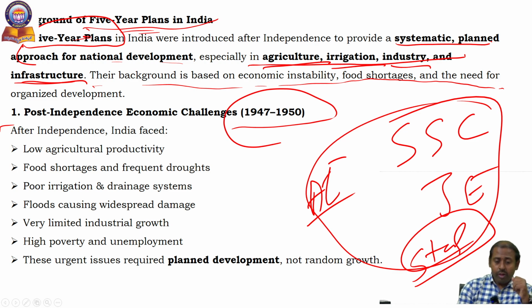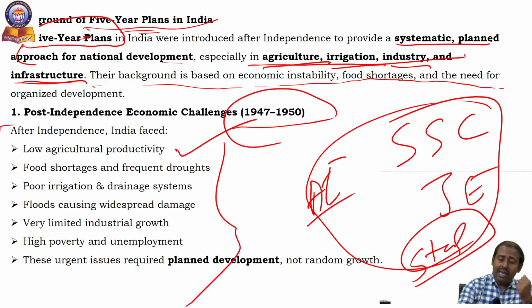After independence, India faced very low agriculture productivity. When the 5-year plan started in 1947, the analysis looked at what improvements to take, and before that, what the drawbacks were. When we analyzed the drawbacks, these points were raised.